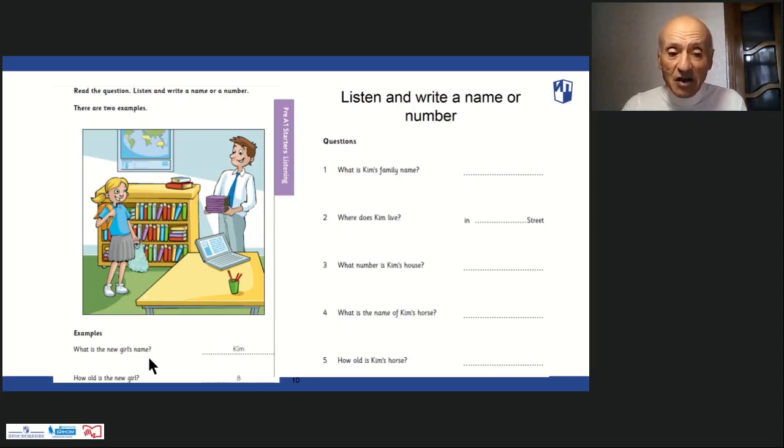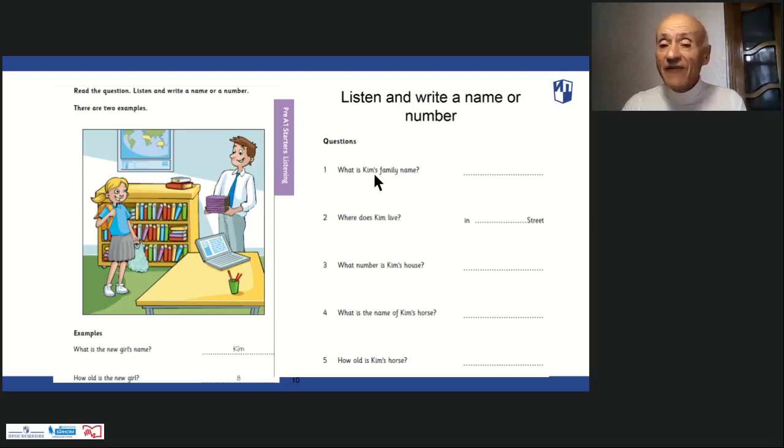What is the new girl's name? The girl that is new to a certain school or classroom. Kim. How do children know? They listen to the text before. How old is the new girl? 8. Only one word or one number answer.